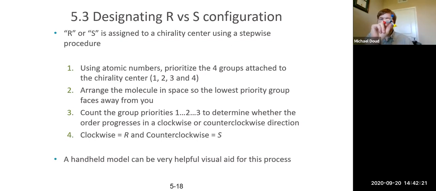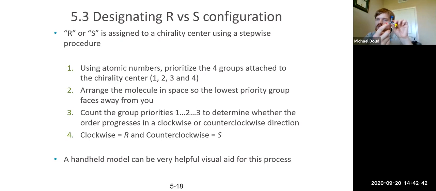And then you're just going to go ahead and count. So if this is chlorine, let's say, that's going to be number 1. This is oxygen, that's number 2. Or sorry, this should be nitrogen and oxygen. So 1, then comes oxygen 2, then comes nitrogen 3, and then 4 is facing away from you. What you're going to do is figure out, is that going clockwise or counterclockwise?